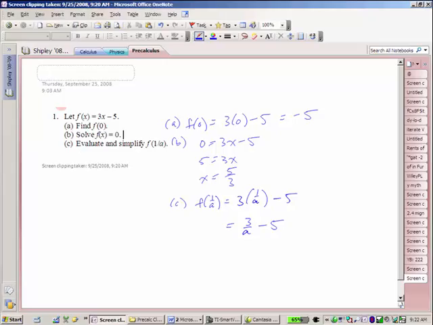No, because this isn't 3 over 3. 3 is thinking, I'm 3 over 1. When you learned how to multiply fractions, you learned to multiply the tops and multiply the bottoms.